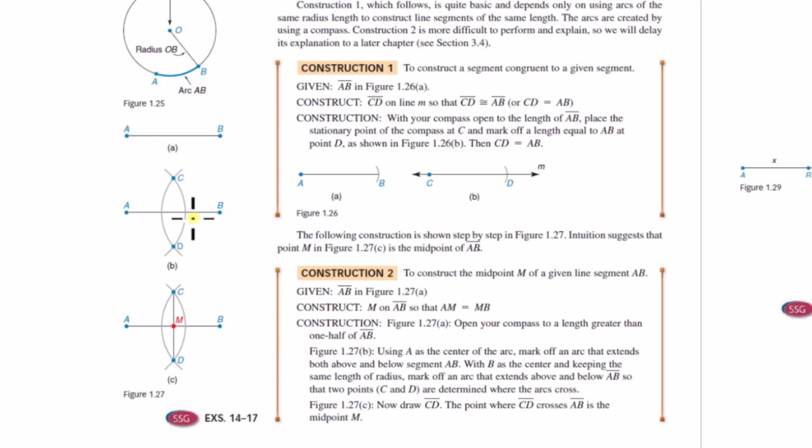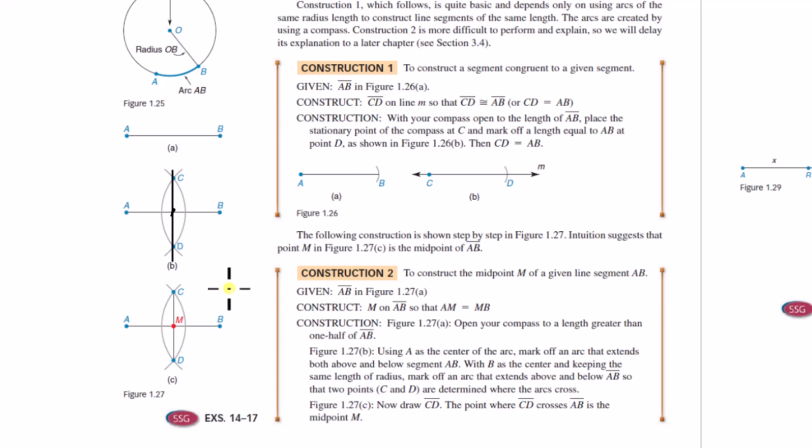Then you fix the center point at B and do the same thing. We're not changing the radius of the compass, though. Now we've got these 2 points C and D where the arcs cross. Now draw segment CD, and where CD crosses segment AB is the midpoint M. So that's pretty cool. They do this, and there's the midpoint.